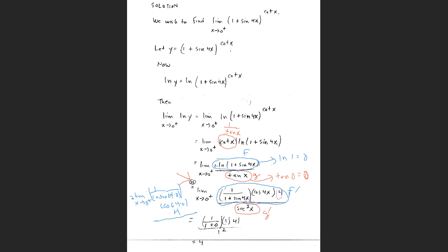You're going to have all of this over the secant squared of 0. That's your denominator. But secant of 0 is the same as 1 over the cosine of 0.